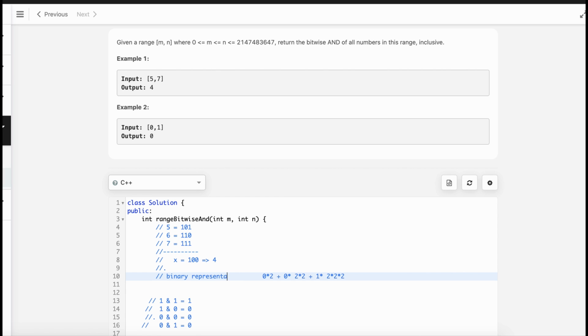Every number representation works in a similar way.